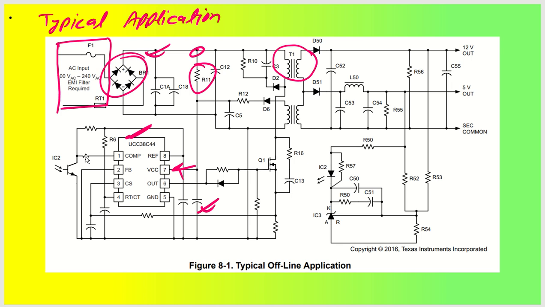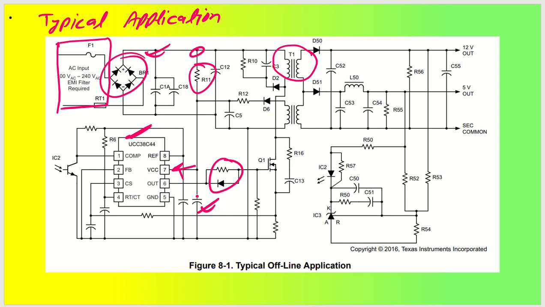Coming to the other part, the output pin, this output pin is going to drive the MOSFET, this particular Q1, through this RD snubber circuit as well. This RD snubber circuit helps reduce ringing at the gate of the MOSFET while the switching starts.